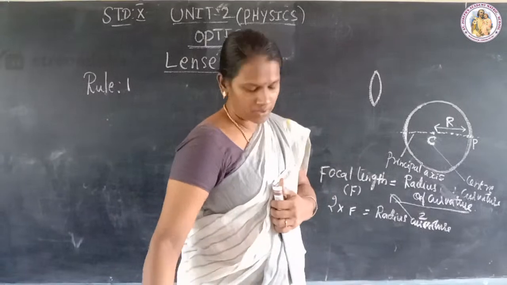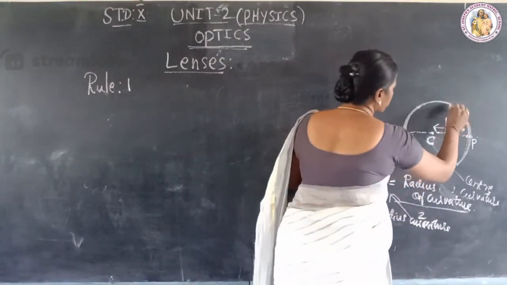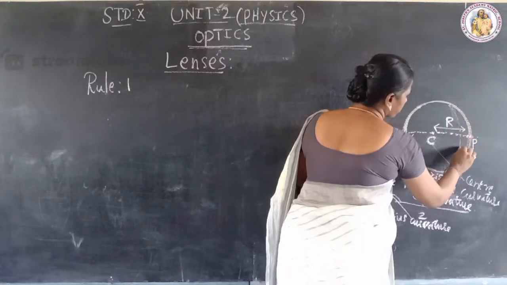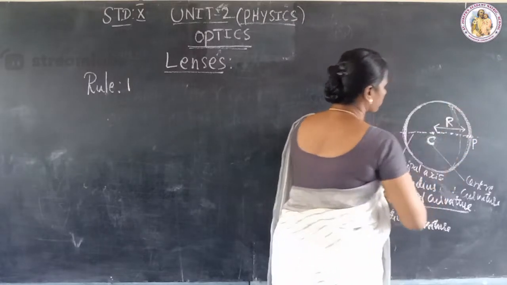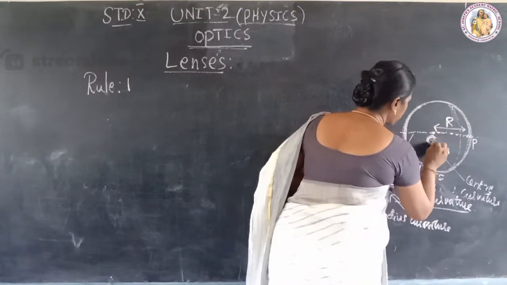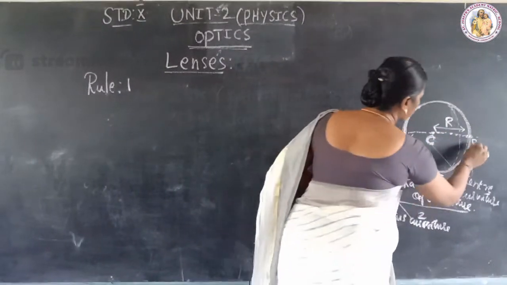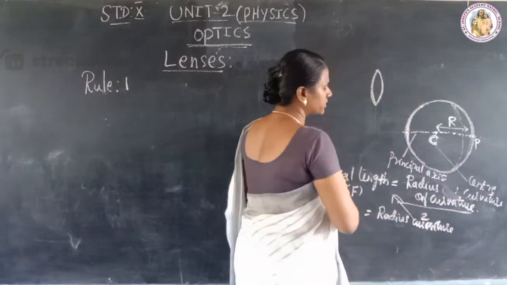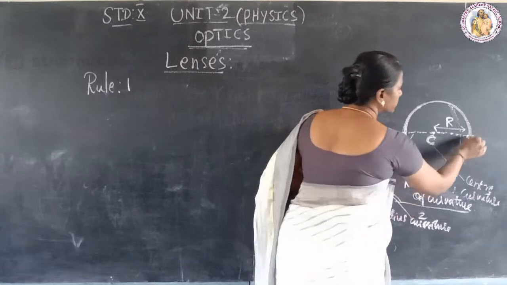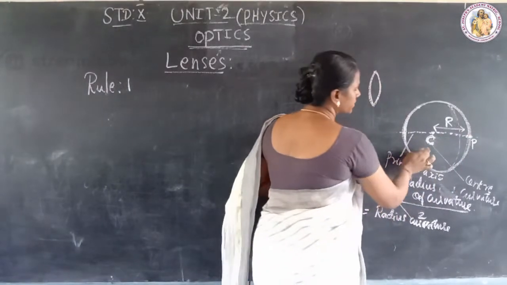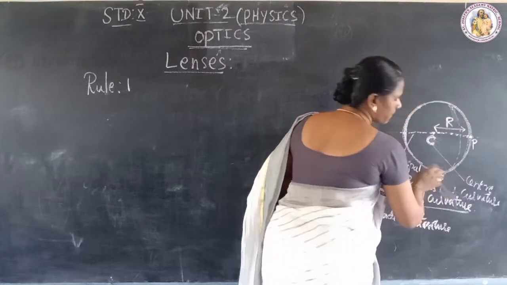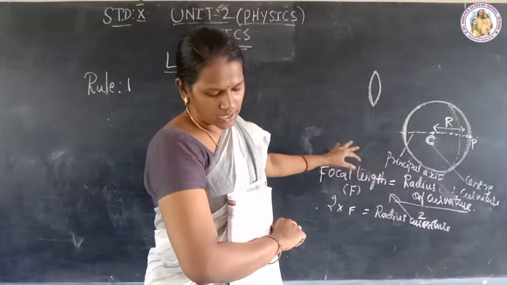So if this is the mirror, C is the center of the sphere, and P is the pole, the center of the spherical mirror.